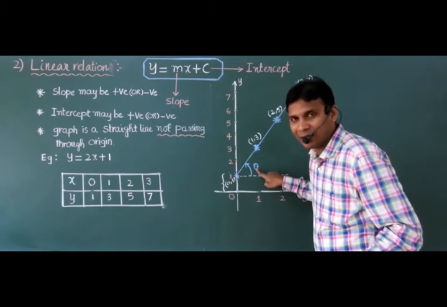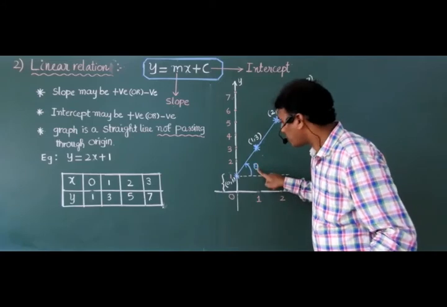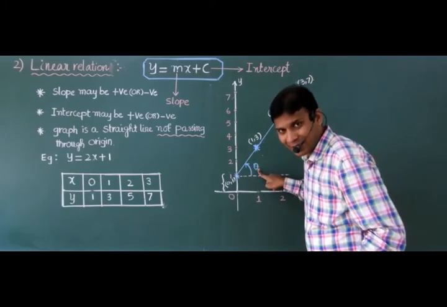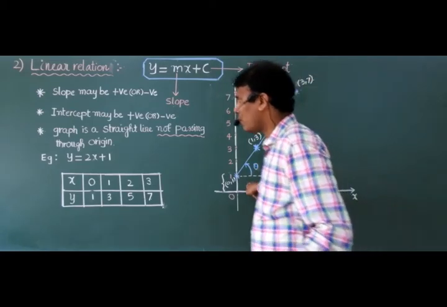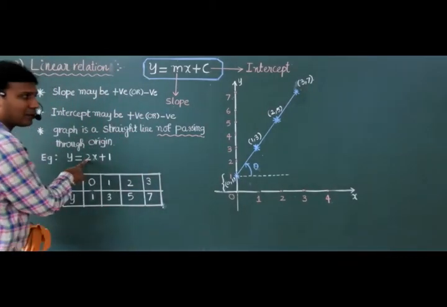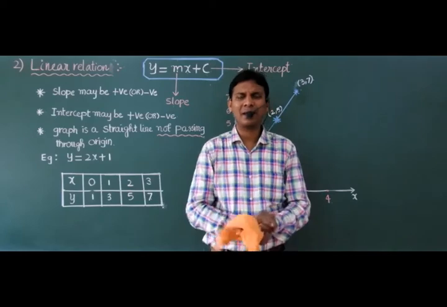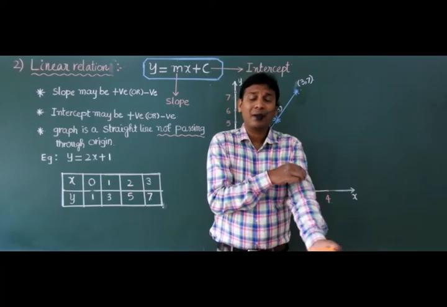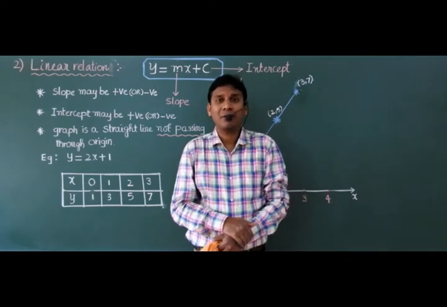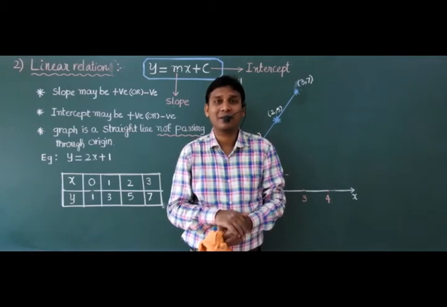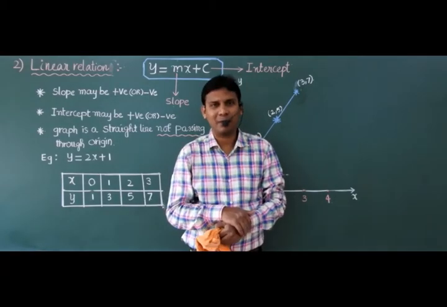Tangent of theta gives slope. This theta is less than 90, so slope is positive. Then what is that slope? M is equal to 2. Clear? This is the mathematical approach. But from the physics point of view, where we use this relation, that is very, very important.